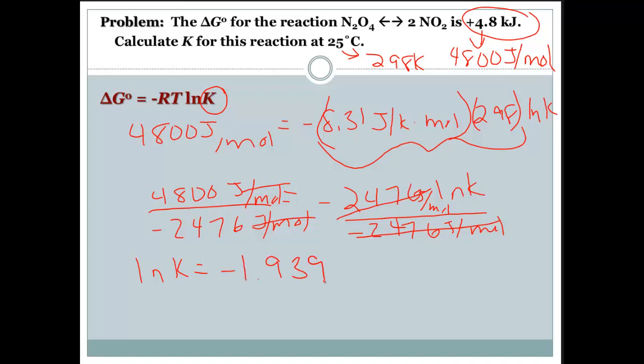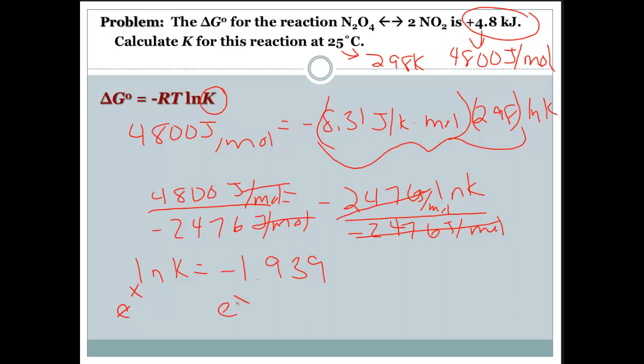Alright, so we have a natural log of K. We need to get rid of that natural log. In order to do that, we need to take the second function of natural log. If you look on your calculator, you'll see that the second function of that is e to the x. Natural log and e to the x cancel each other out. So we're going to take e to the x of both sides.